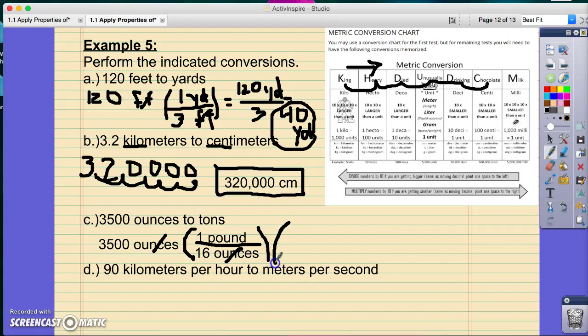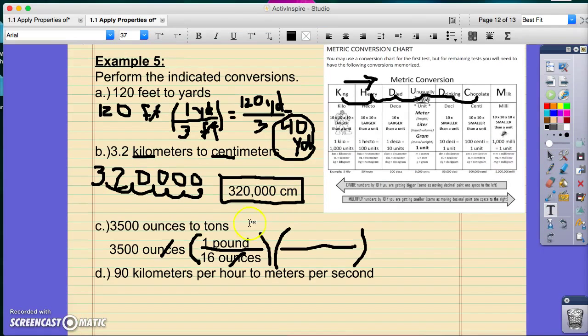But we don't want pounds, right? The next part we're going to look at is our conversion from pounds to tons. And if you take a look, you do have a conversion there. Well, if pound is in the top, do I want the pound in the top or bottom? I want the pound in the bottom, so the units cross cancel.